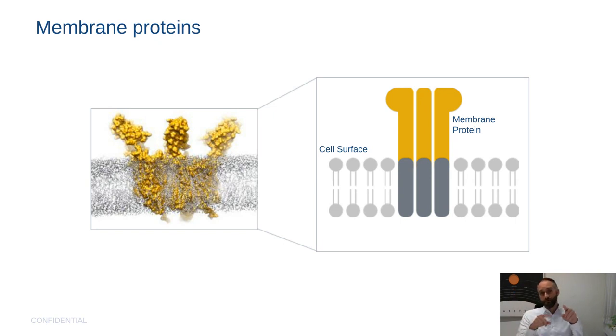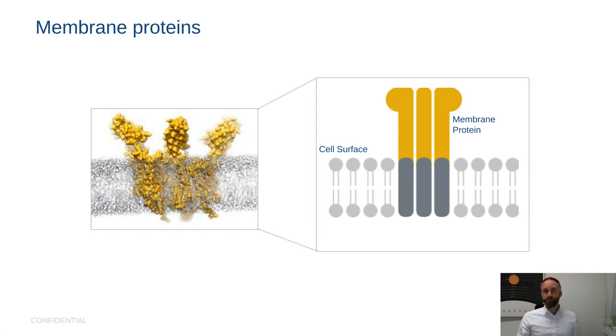The same is true for those acyl chains from the lipids that have different lengths, different angles, and they also specifically interact with the transmembrane helices of the membrane protein. And our philosophy here at Salipro Biotech is that the membrane protein and the lipids together form a unit, basically. They belong together. And if you want to investigate a membrane protein properly, you should make sure that you have the lipids around.